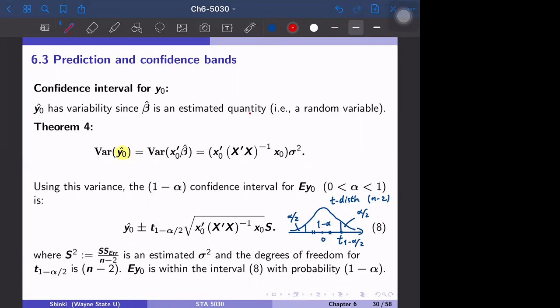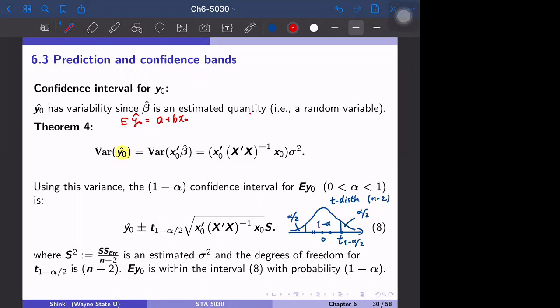So we want to see how many percent of y0 hat is in the interval. And what is the variance of y0 hat? So y0 hat, the expectation is a plus b times x0. So that's clear. So the important thing is the variance.